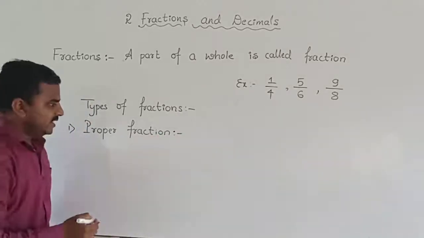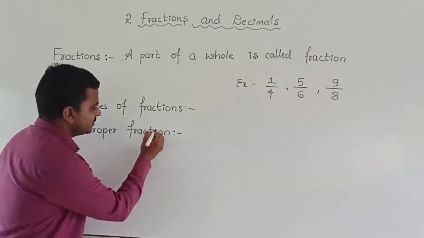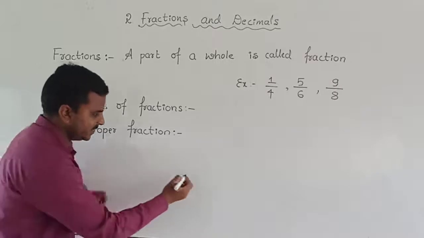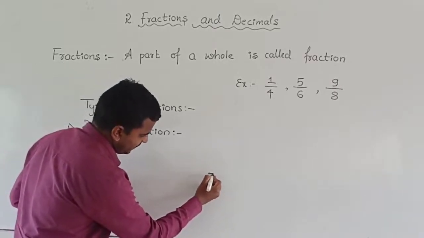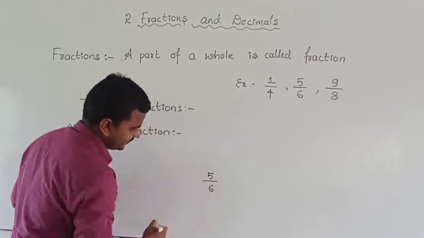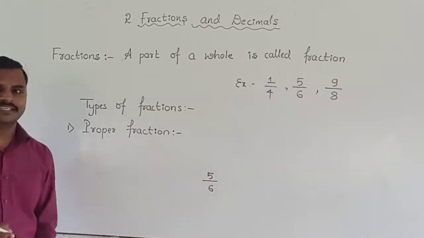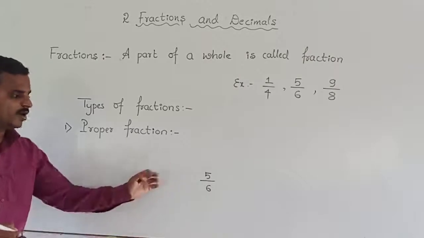Okay, let us see one example. I will take one example, then I will give the definition of proper fraction. An example of a proper fraction is 5 by 6. Why is this fraction called proper?